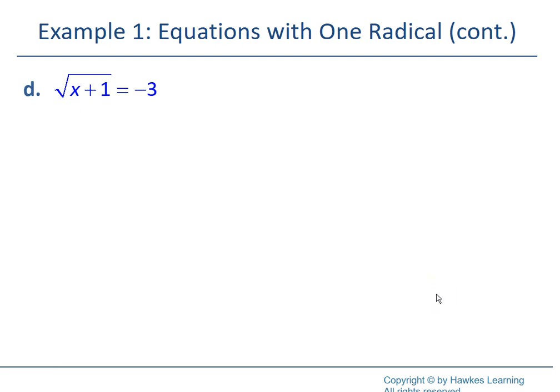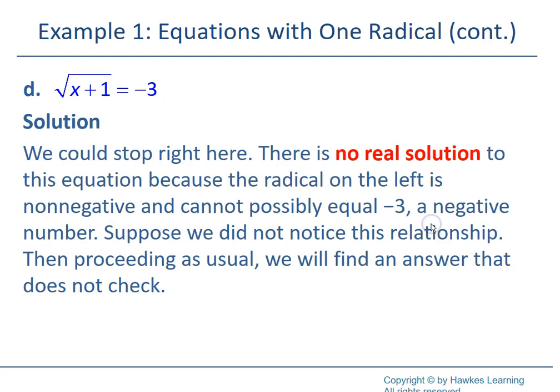Now, as we look at this last example here, of example 1, we see we have a square root of something equal to a negative 3. Well, we had said that you can't have, underneath the radical sign, a negative value. That's not a real number. So for something like this is what they're going to say. There is no real solution.